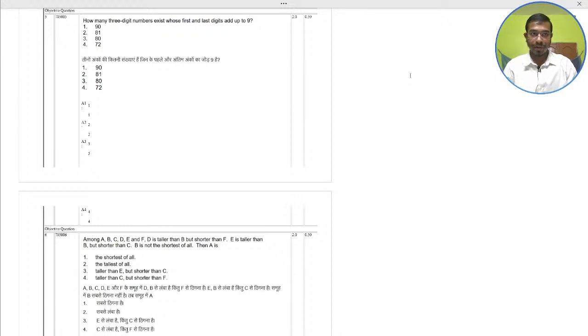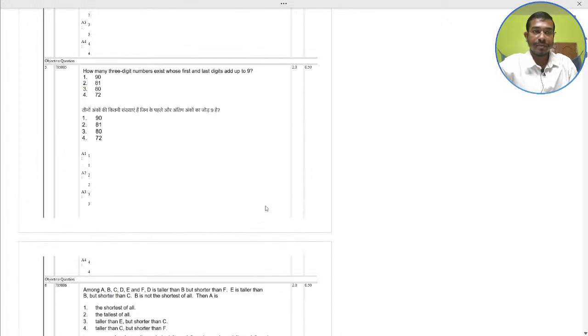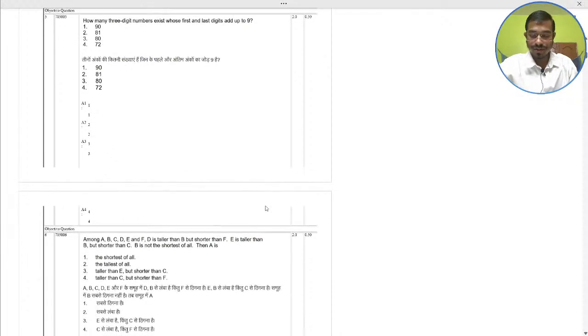Okay. So the data shows a grouping of numbers into intervals with corresponding frequencies. So the total count is what? You have the given data, the first and last digit adding up to 9.